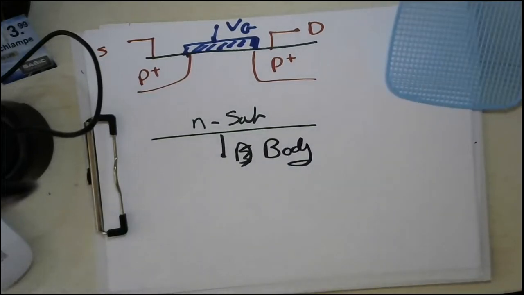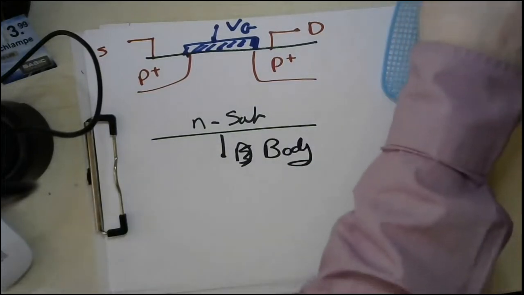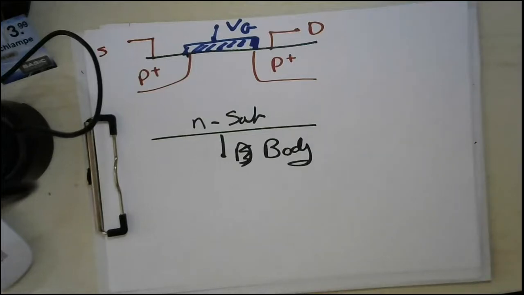But the main difference between the N channel MOSFET and the P channel MOSFET is that now the substrate is N and the source and drain both are P type.